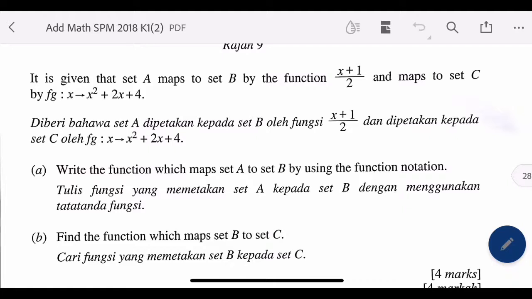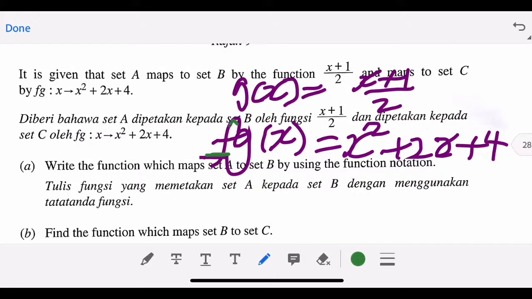Remember, when you have g and then you are given the composite function starting with f, g, followed by composite with the f, so it is not the same letter. So it's not the same letter, we will use the inverse method. So you see the g given, and the fg(x) given also. So g, f, you just memorize. G given, f given, not the same, so use inverse like that.